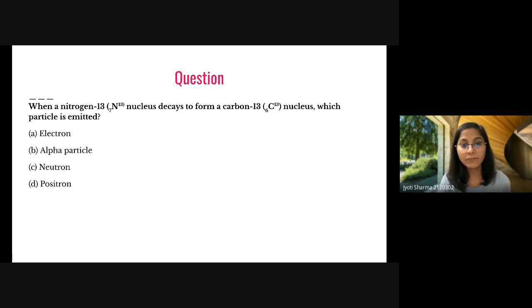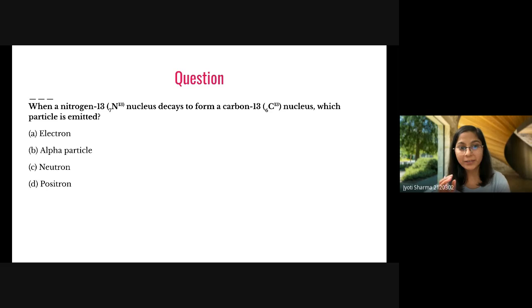So just see, from 7 to 6, it has been reduced by one atomic number. And if you see the atomic mass or mass number, it is constant. Not exactly, see. If it would be the neutron, then neutron means there is no charge.